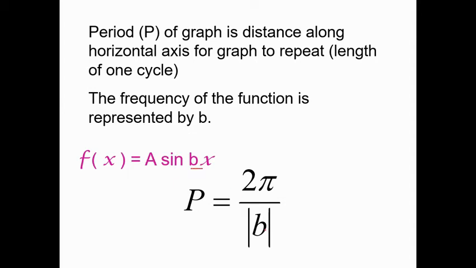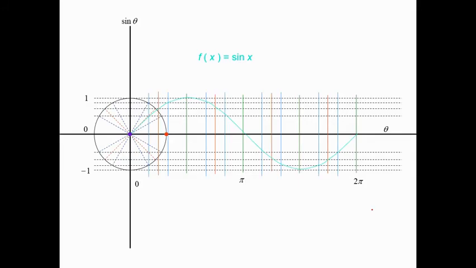In order to find the frequency, you'll have to take 2 pi and divide it by your period, and that is going to give you the frequency B. Let's see what that looks like.